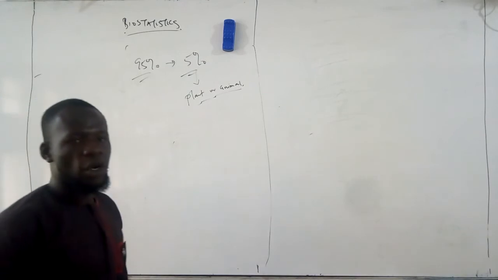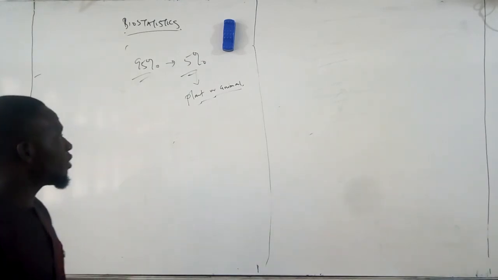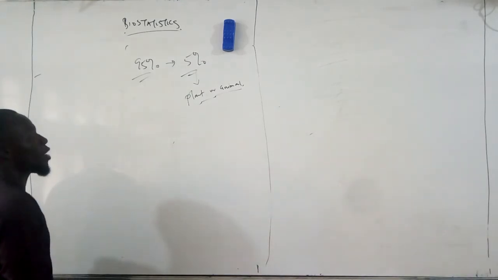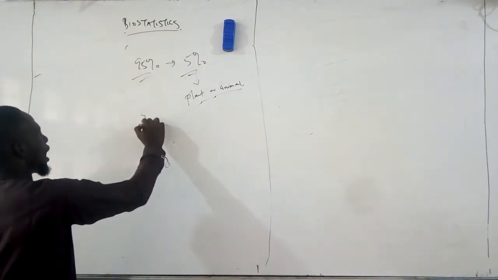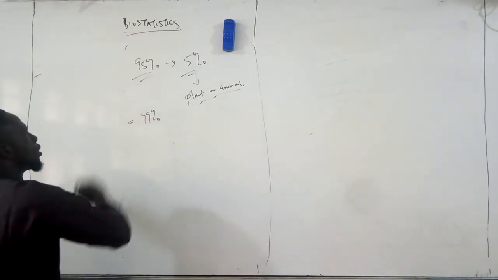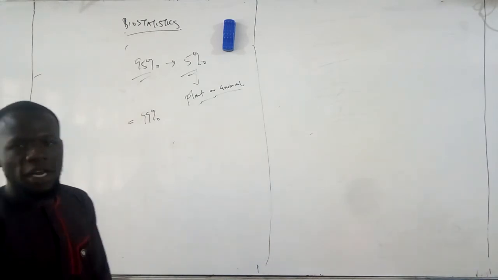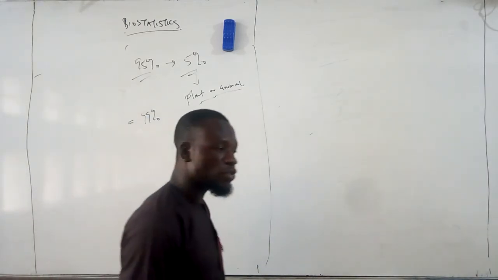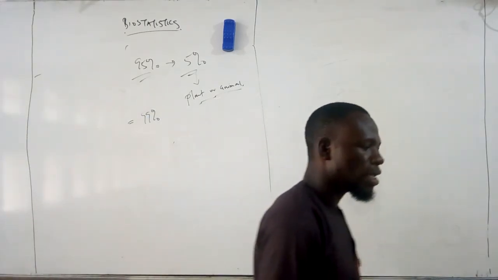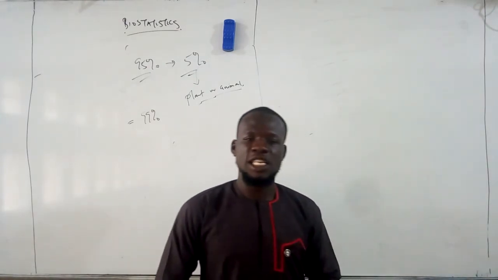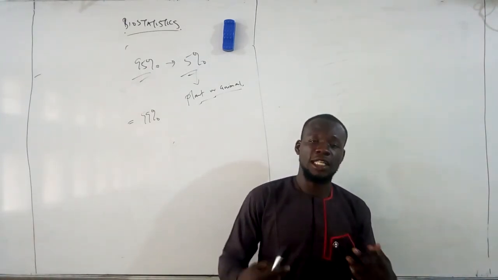But when you are working on human, the confidence interval should be 99%. So working on human, let's say you are producing drugs or vaccines that are supposed to be used worldwide, it should have a confidence interval of 99%.